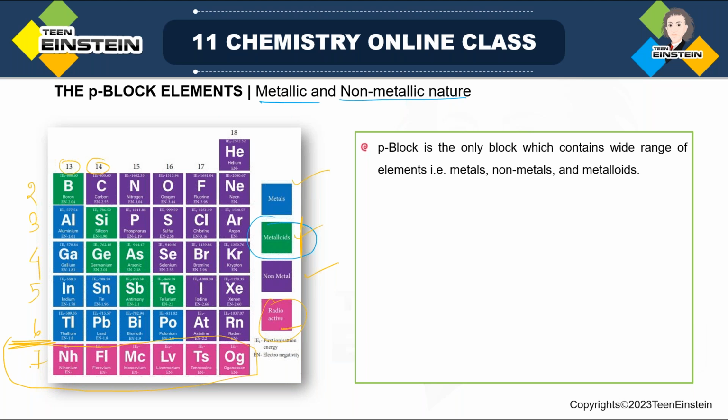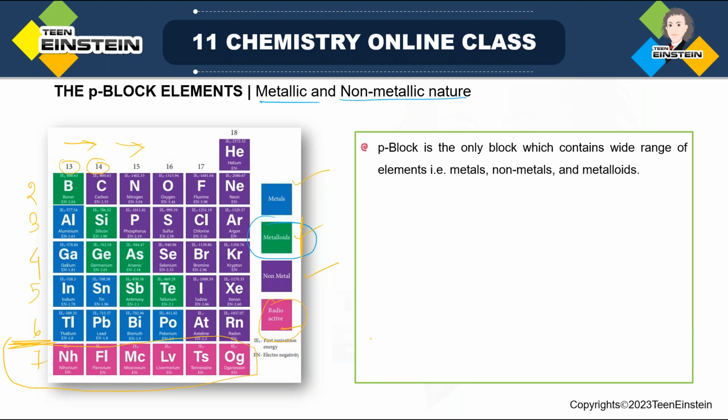In group 13, only boron is considered a metalloid, and then you have metals. As you move from left hand side to right hand side, the violet part gradually increases, isn't it? Why is it so? Because non-metallic nature is increasing, and that is again expected as you move from left to right.